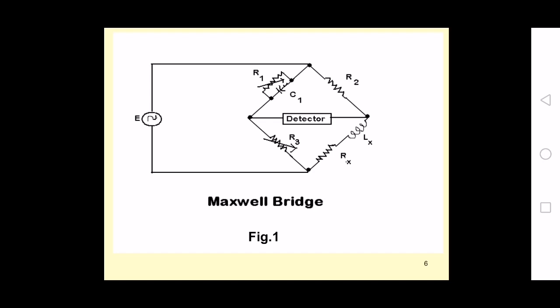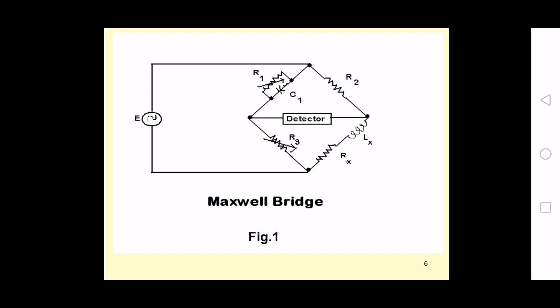So this is the ratio arm. R1 is variable, and in the other ratio arm we have the resistance R2, and in the third we have the standard, variable resistor R3 to balance the bridge. In the fourth arm, the unknown arm, the unknown resistance and unknown inductance are connected.